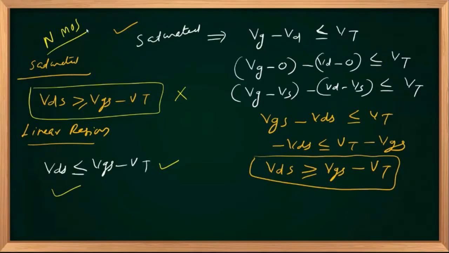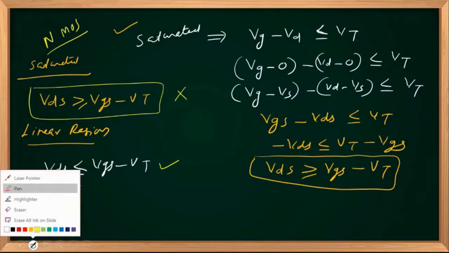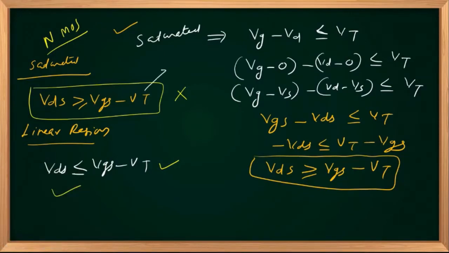And you need not learn by heart the condition for P-channel MOS. Right? Here, one thing you should remember, what about the polarity of VT? In the case of N-channel MOSFET, it's an enhancement mode N-channel device. What's the polarity of VT, threshold voltage? That is positive. You should remember that.